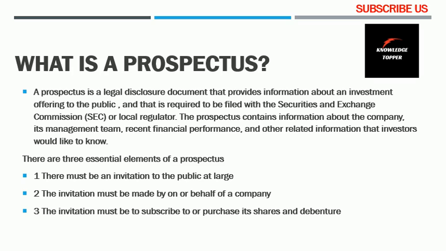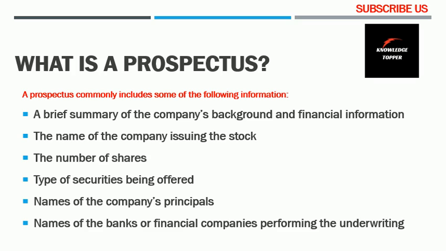Now the main question: what to include in a prospectus? A prospectus commonly includes the following information: a brief summary of the company's background and financial information, the name of the company issuing the stocks, the number of shares, the types of securities being offered, the names of the company's principals, and the names of the banks or financial companies performing the underwriting.